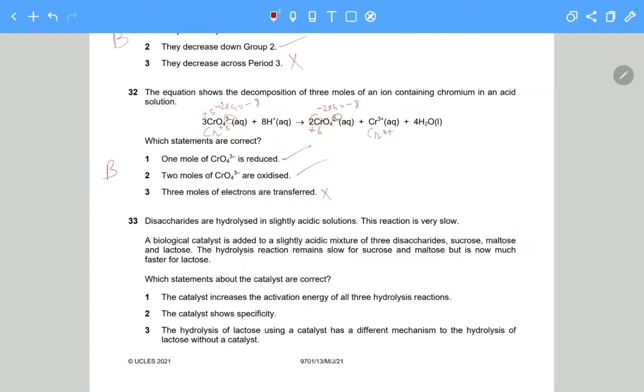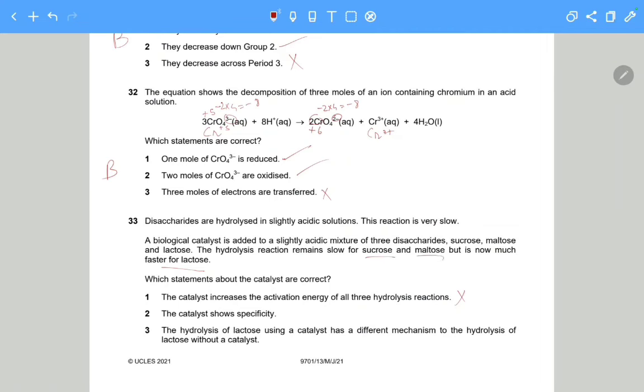The catalyst increases the activation energy of all 3 hydrolysis reactions. First of all, a catalyst does not increase the activation energy, it decreases the activation energy. So this has to be wrong. And second of all, it only decreases the activation energy for the lactose reaction, not for the sucrose and maltose reactions.